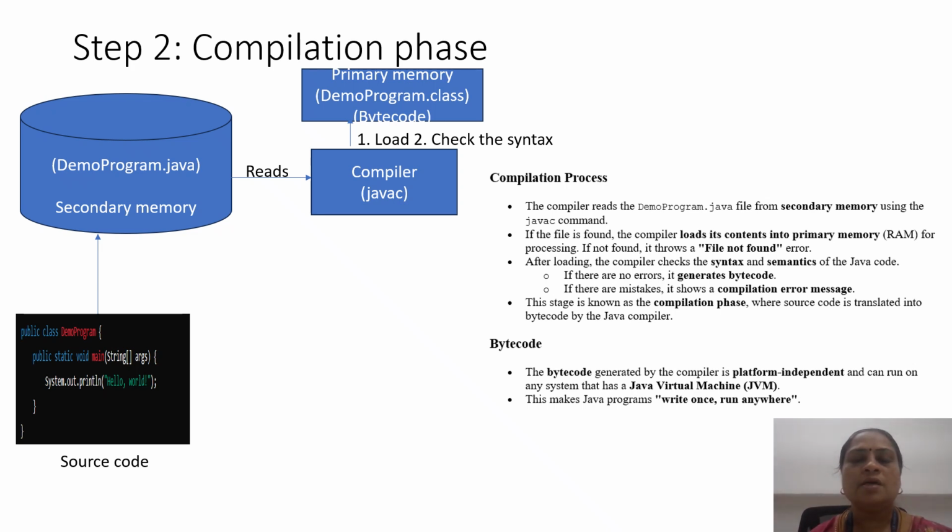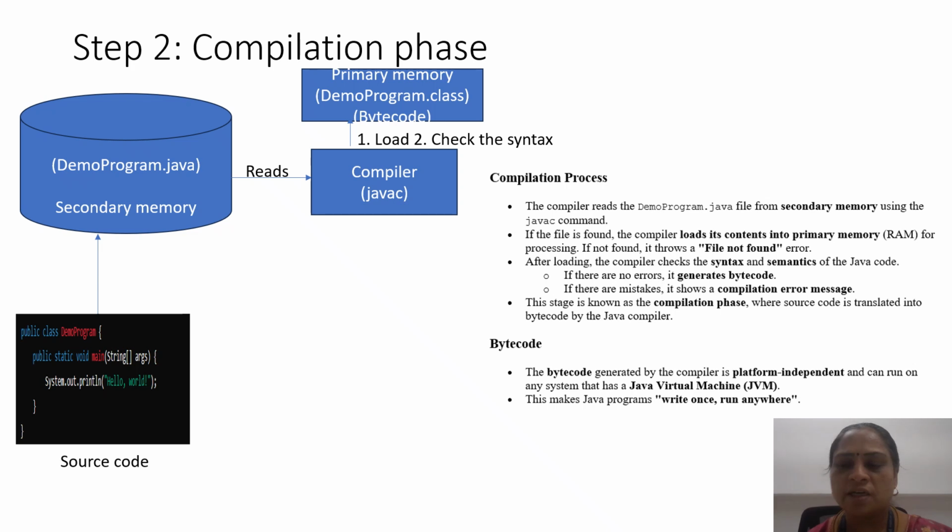So here the compiler. For example, if I am typing a program under the name DemoProgram.java, the first step is the compiler reads the DemoProgram file from the secondary memory using the javac command. If the file is found, it stores the file in primary memory.